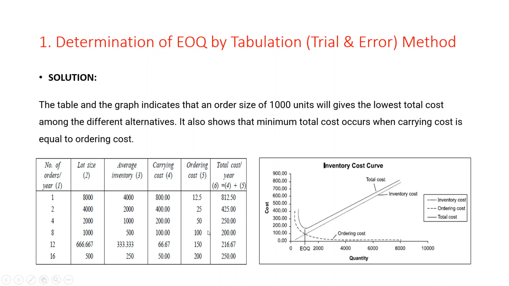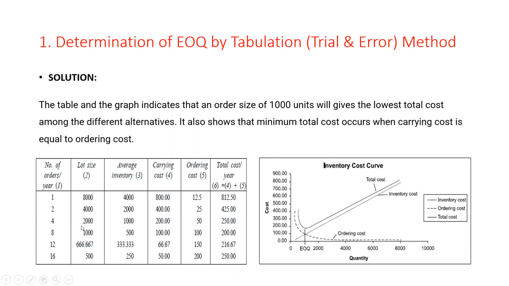Here at quantity 8000 we have 12.5, then at 4000 we have 50, then at 1000 we have 100.